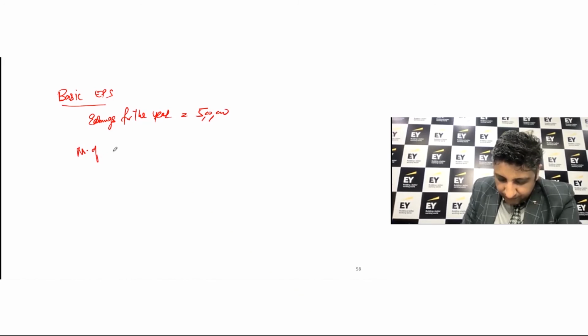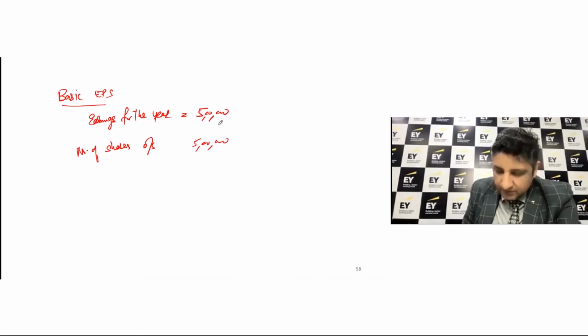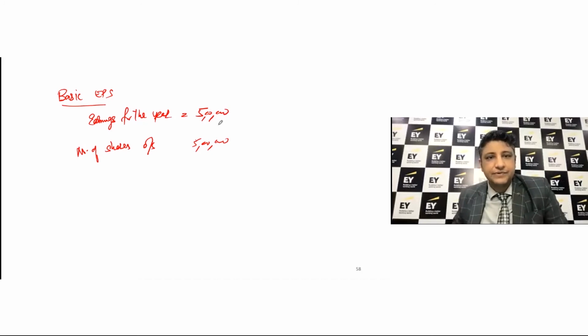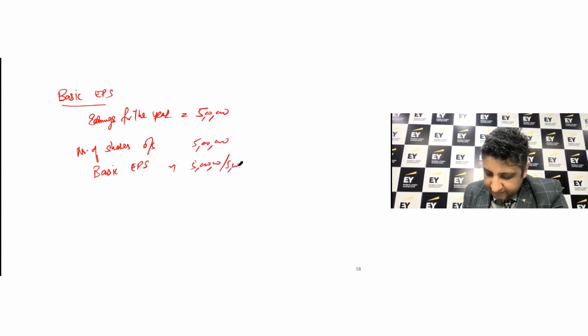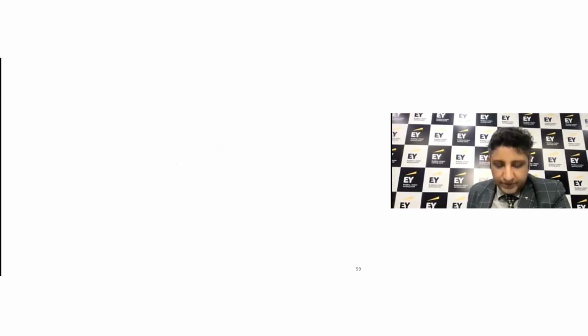Number of shares outstanding is also 5 lakh. All right. Which actually means that my basic EPS can be comfortably calculated at 5 lakhs divided by 5 lakhs. That becomes ₹1 per share.